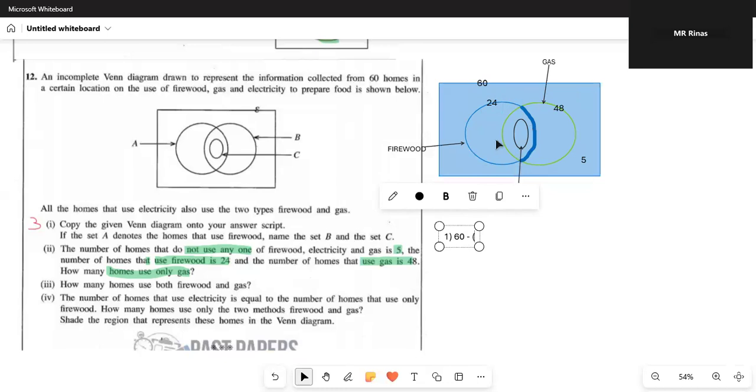And also 5 homes won't use anything, so from this 60 you have to take out this circle and the outside part. Now the answer is 31. So 31 homes use only gas.